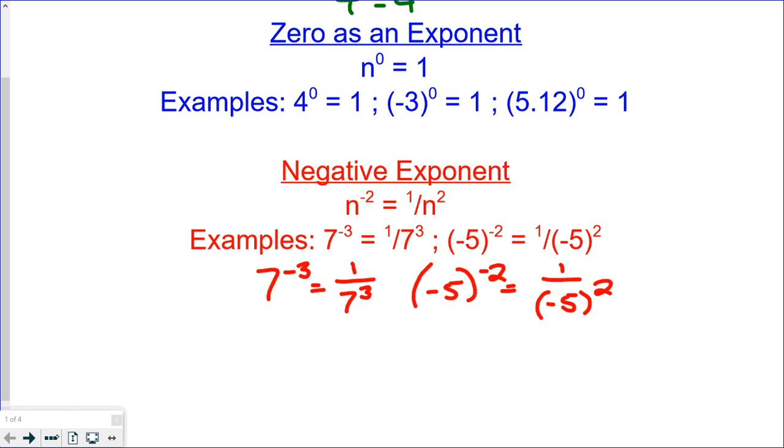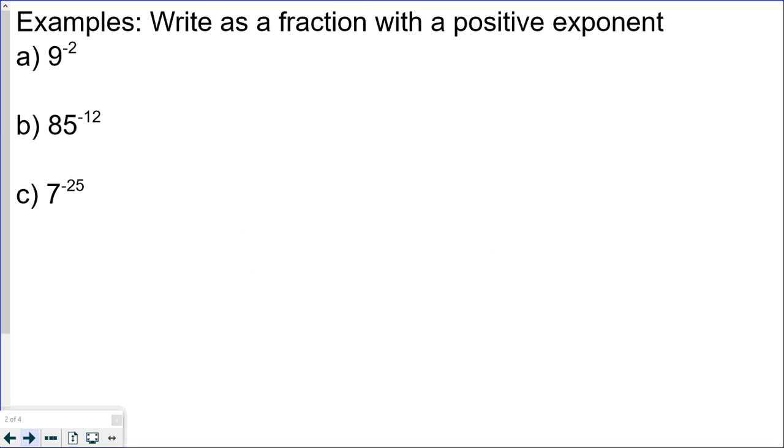All right, so let's look at some examples of problems you might see with this. Write as a fraction with a positive exponent. In this example, they're asking you to leave your answer with an exponent, so they don't want you to go ahead and evaluate it. All they want you to do is simply rewrite this as 1 over 9 to the positive second.